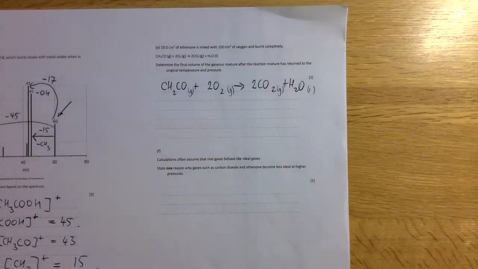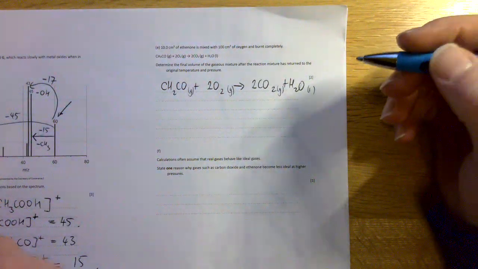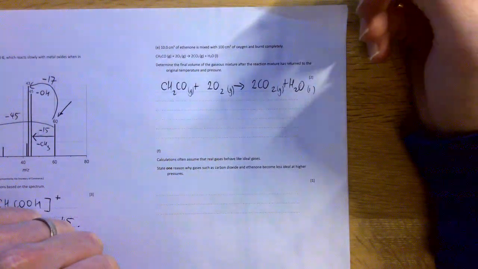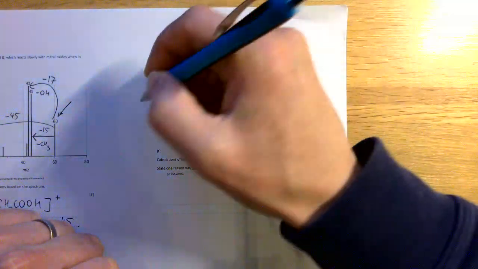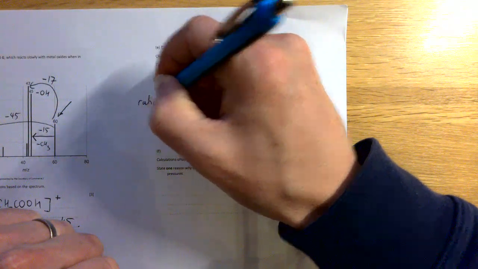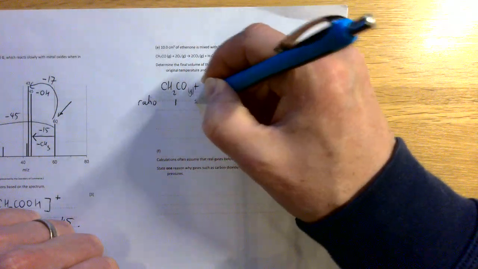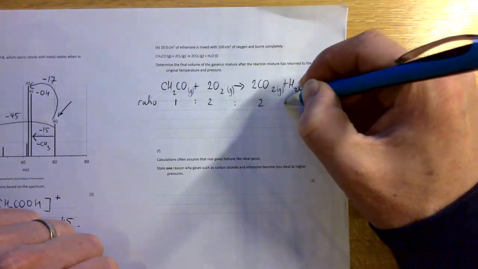Some of you tried to work out the moles and got the right answer by doing that. That's fine, but it's much easier simply to remember that 1 mole of any gas, regardless of the gas, will take up the same volume at the same temperature and pressure. So the molar ratios here are 1 to 2 to 2 to 1.